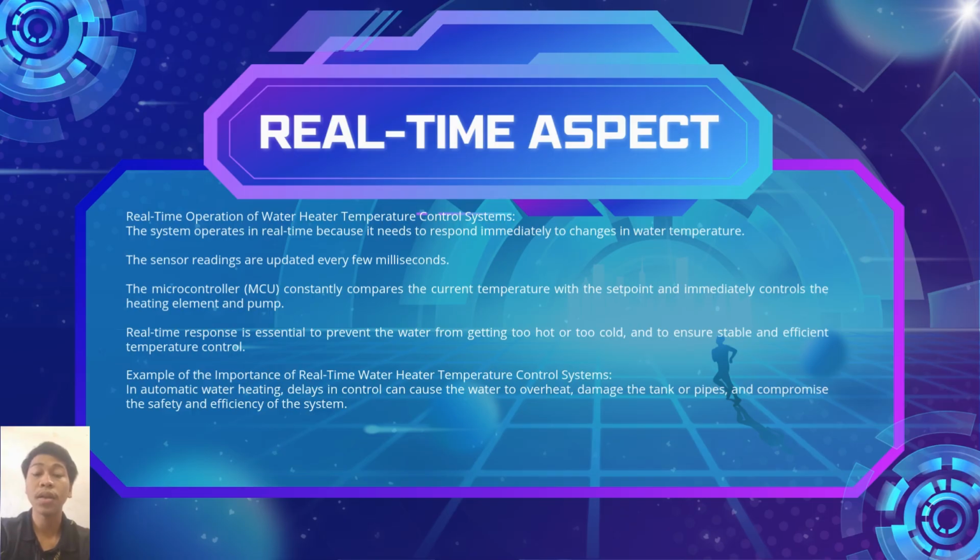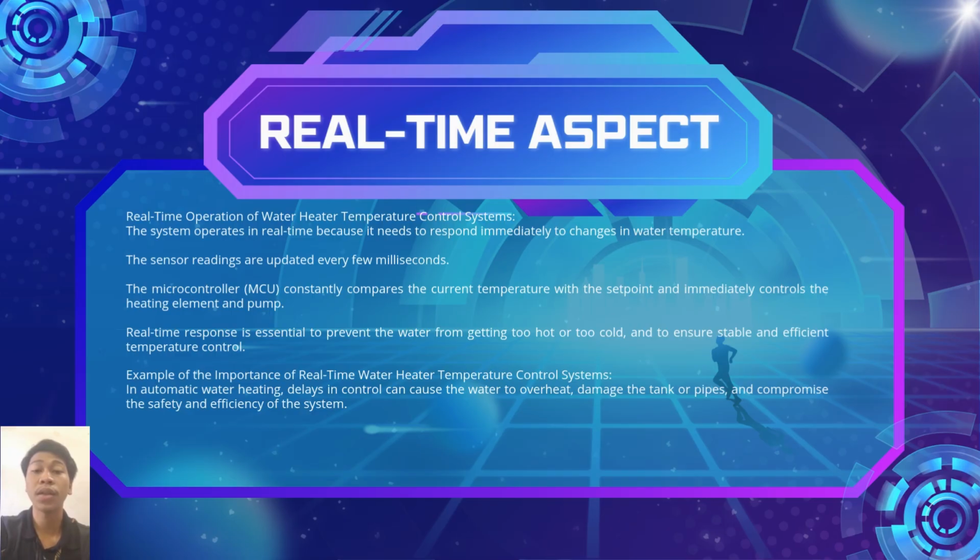The microcontroller MCU constantly compares the current temperature with the set point and immediately controls the heating element and pump. Real-time response is essential to prevent the water from getting too hot or too cold, and to ensure stable and efficient temperature control.